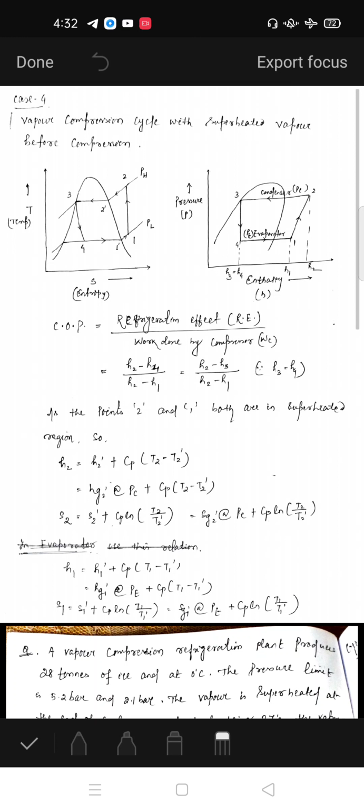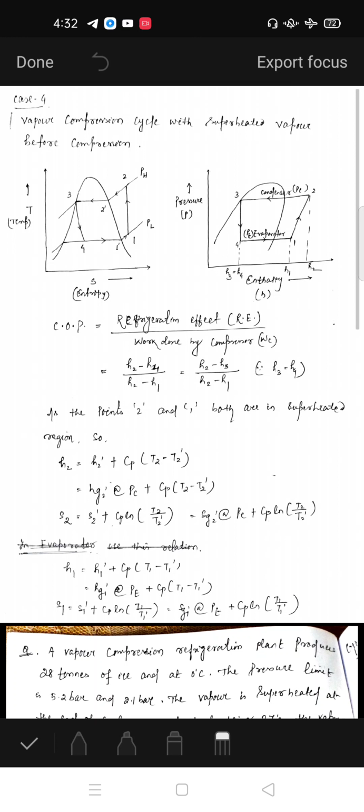Now as point 2 and point 1 are both in the superheated region, apply the properties of a pure substance. H2 will be H2 dash plus Cp into T2 minus T2 dash, and H2 dash will be Hg2 dash at the higher pressure, that is the condenser pressure.